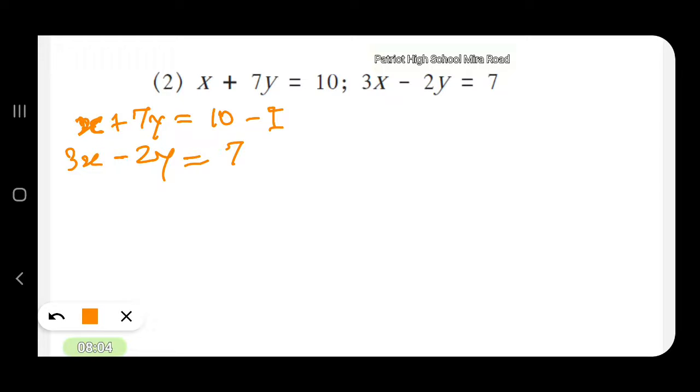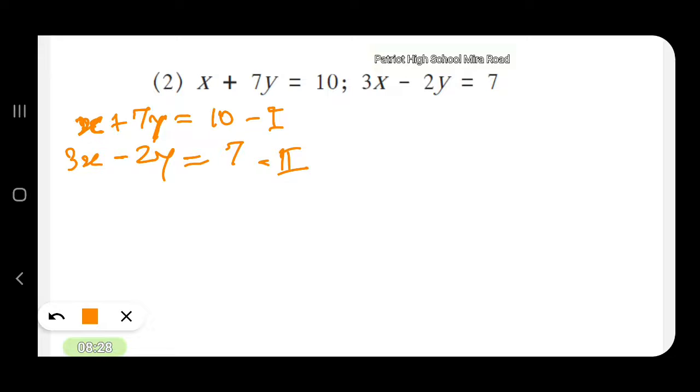But if we take up eliminating y, then we have to multiply equation 2 by 7 and equation 1 by 2, and only then will we get equal coefficients. So instead of doing that, let us go for eliminating x.